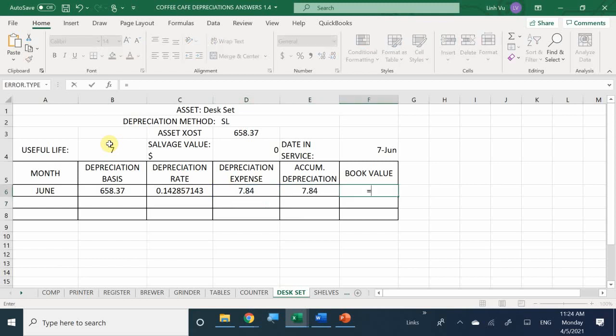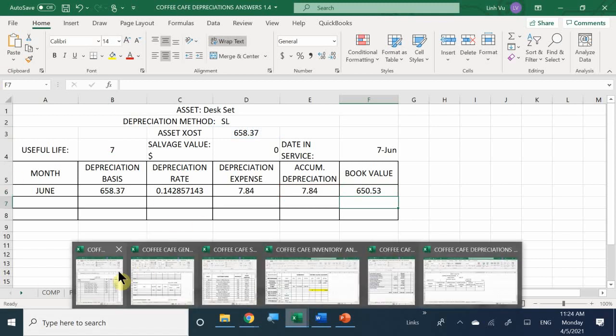Good. All right, $7.84 for the desk set.